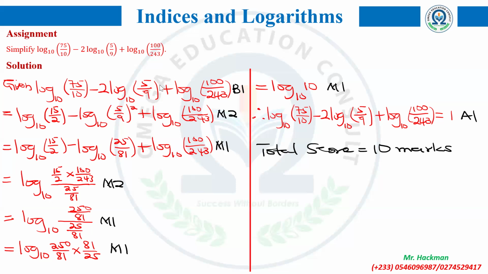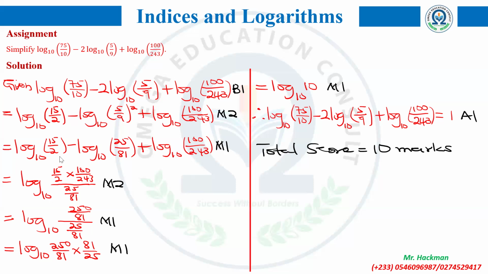I will move the coefficient up here, because the coefficient was a power, then it came down. You know this rule. The fraction here is already reduced, so I won't work on the fraction, but rather bring the power up. This one, the coefficient is 1. The fraction here cannot be reduced, so you keep it just as you have it. Once you do that, M2. Now the next step, equal to. This is also a step. You are going to work on your previous step, so that becomes another step.